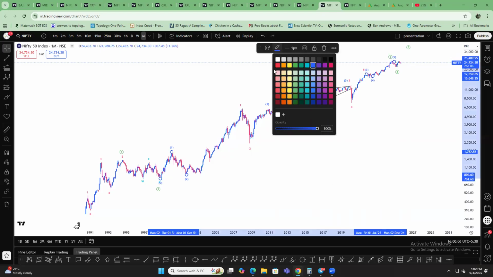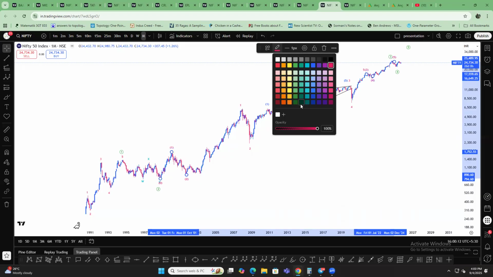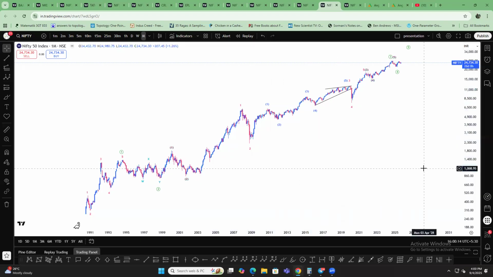And finally, this wave 3 is consisting of, okay, let's change this color also so that it will not confuse us. Maybe this one.